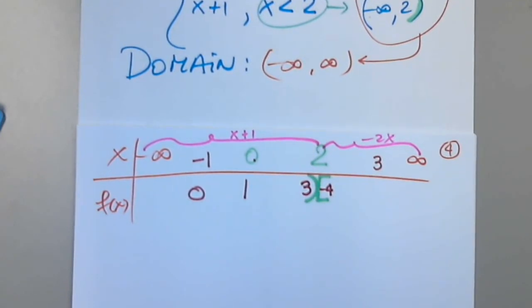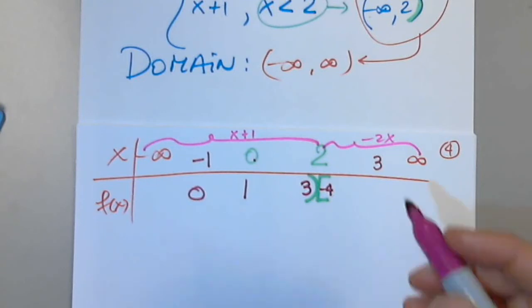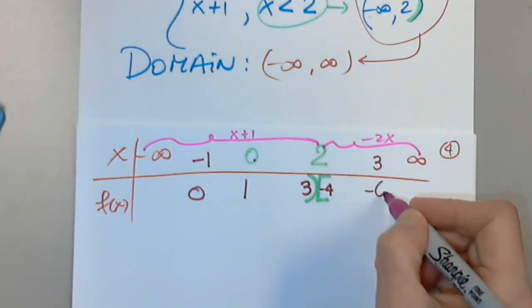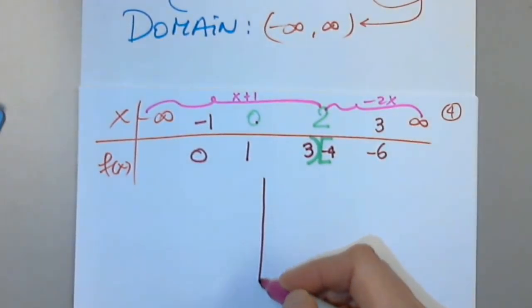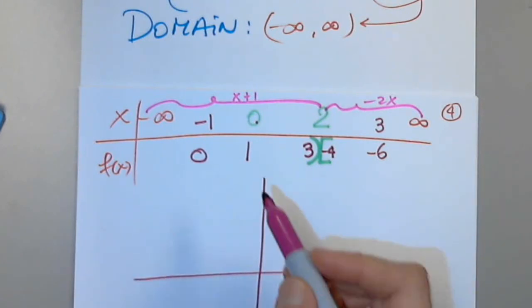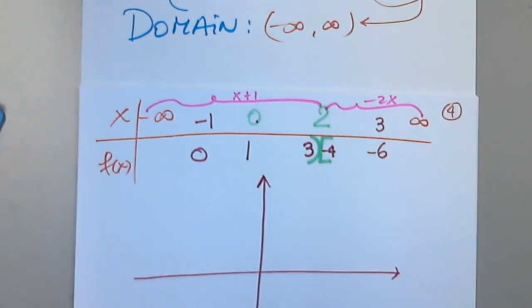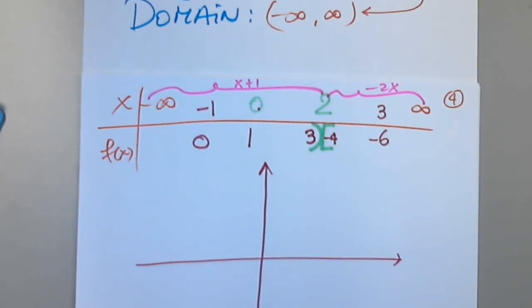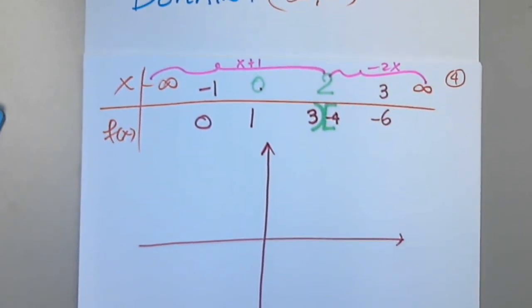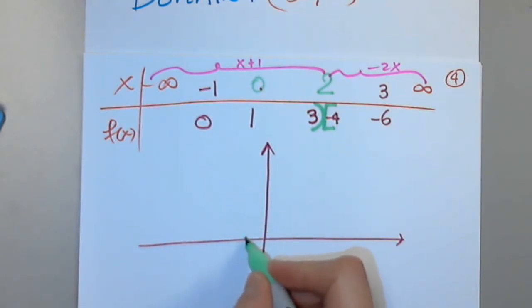Yes, Damon? Can you see from there? Yeah, I can see. Very good. From left to right, give me step by step all ordered pairs that I need to plot. Negative 1, 0.